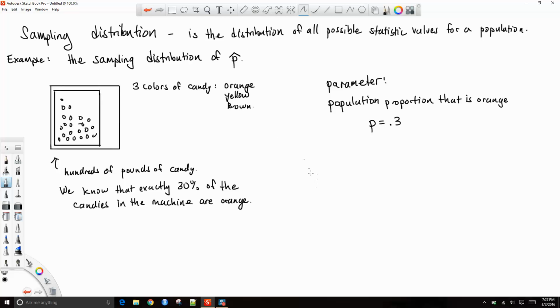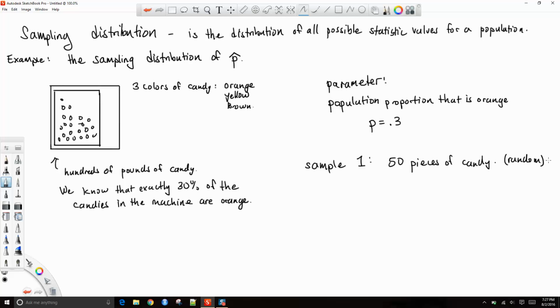We're going to take a small scoop of exactly 50 pieces of candy. It's random, so we mix up the machine and get a scoop of 50 random pieces.